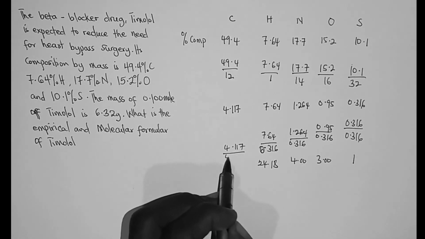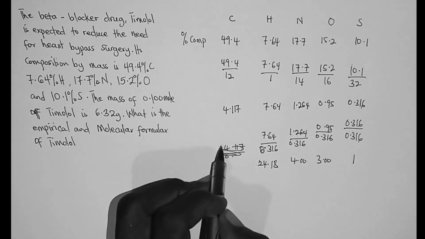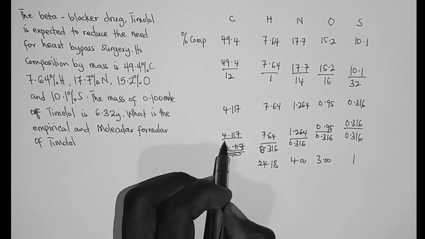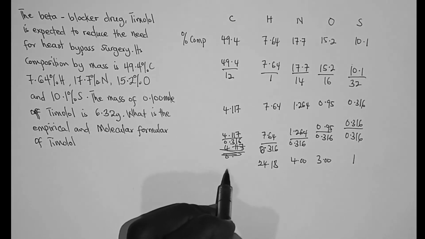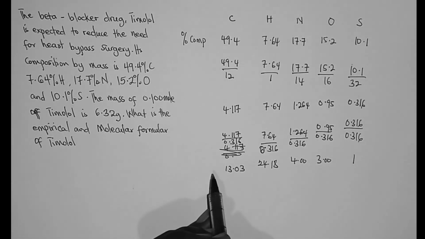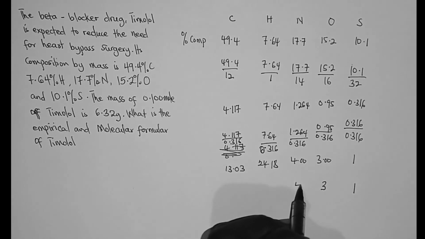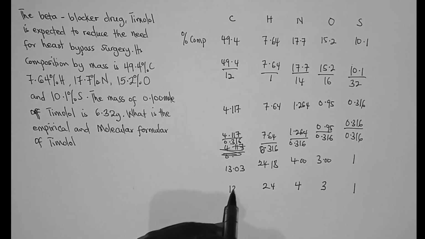Then we have 4.117 divided by 0.316, and that is equal to 13.03. So let's round it off to the nearest whole number. Here's 1, here's 3, here's 4, here's 24, and then here's 13.